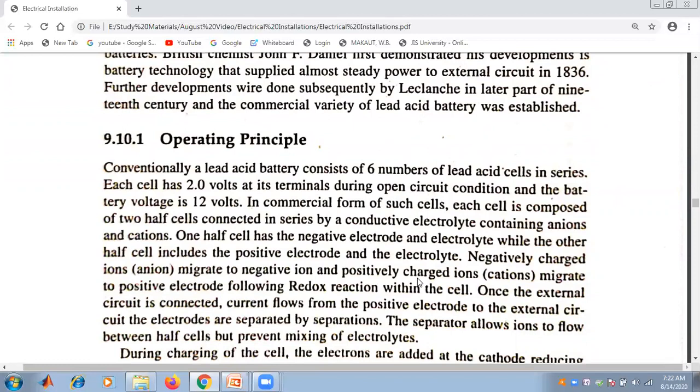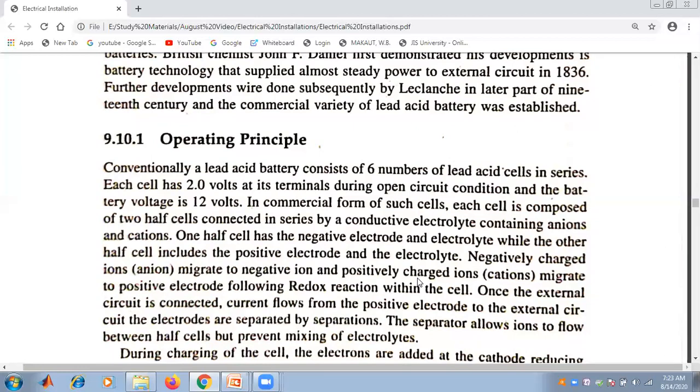A lead acid battery consists of six lead acid cells connected in series. Each cell has 2.0 volts at its terminals during open circuit condition, and the battery voltage is the summation of six 2 volts, that is 6 into 2, or we can say the battery voltage is 12 volts.